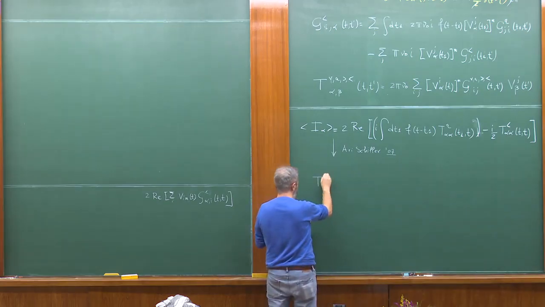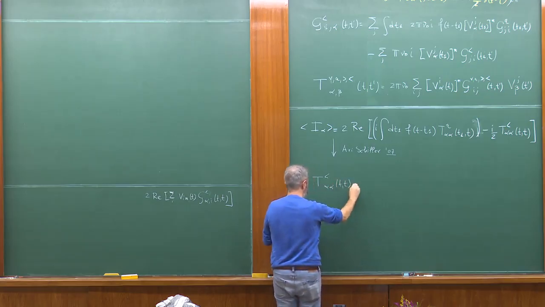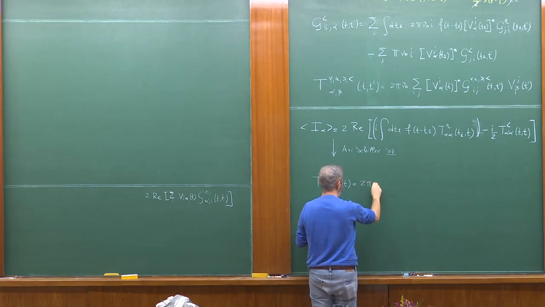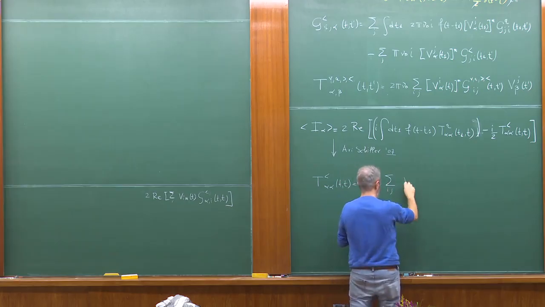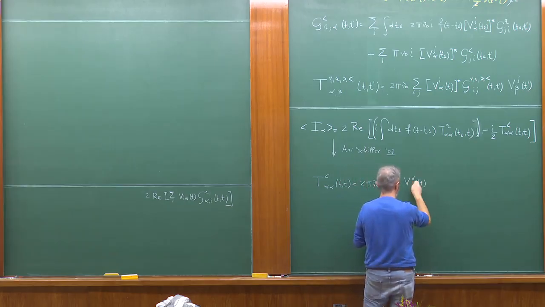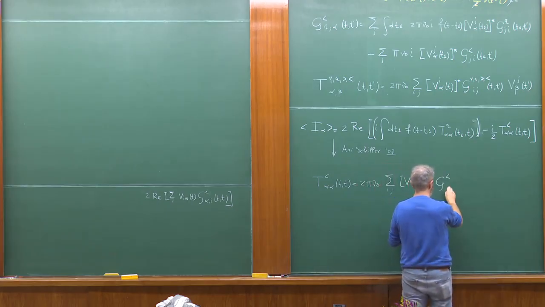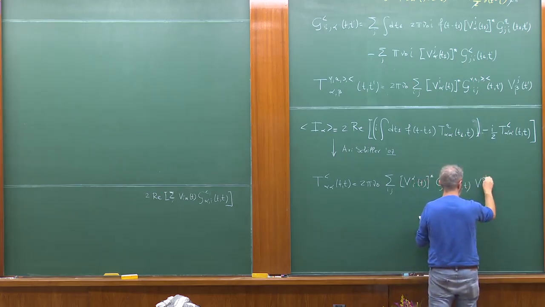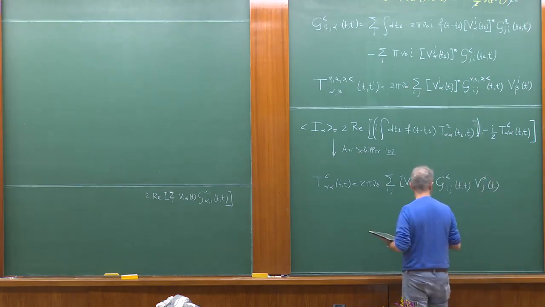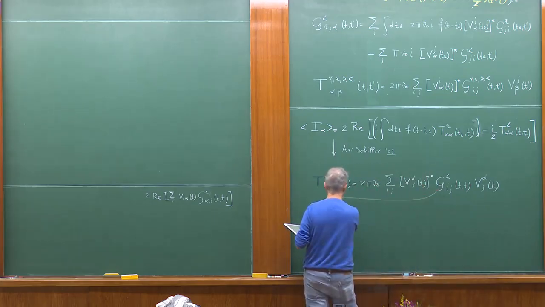So, in particular, T lesser alpha alpha tt is equal to 2 pi density of states, sum over i and j, B alpha i t star G lesser ij tt, and then V alpha j t. Now I look at this and say, aha, wait a second, I know how to write this.